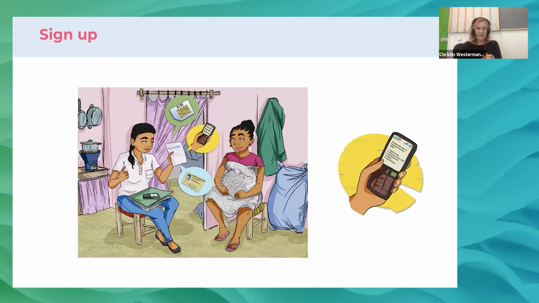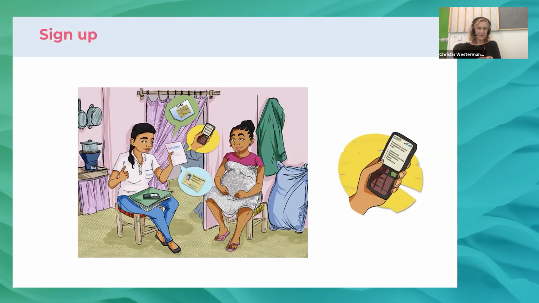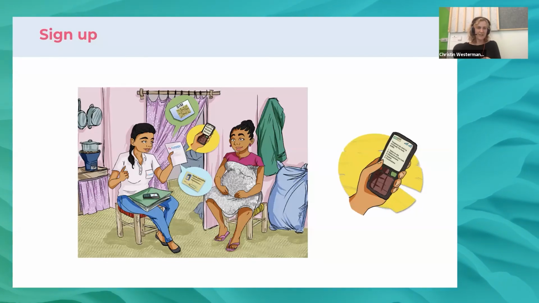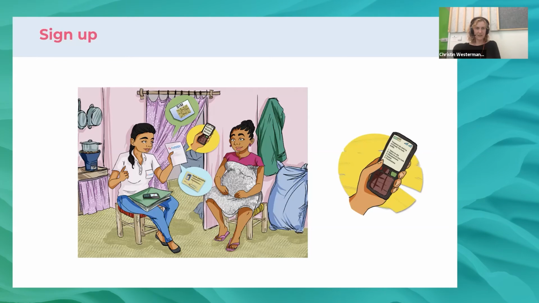So here you can see a little illustration of, in this case, the sign-up process. On the left side, you can see a woman wearing an mTOMADY t-shirt. That's a so-called setup agent. They will go out, they are from mTOMADY, they will go out into the communities or just basically reach out to pregnant women and tell them about mTOMADY and how they can use it and what benefits it gives.